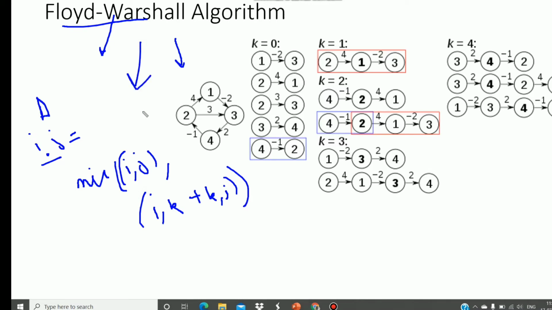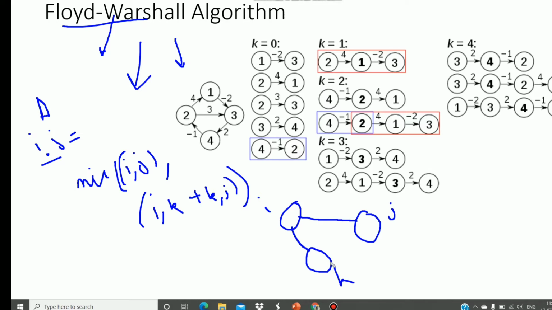Consider two vertices i comma j. Suppose this is vertex i, this is vertex j. The shortest path between vertex i and j will be either the edge connecting both vertices i and j, or it can be via an intermediate vertex. Suppose this is i, this is j, and this is k.